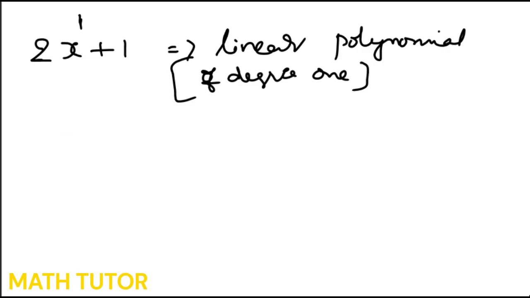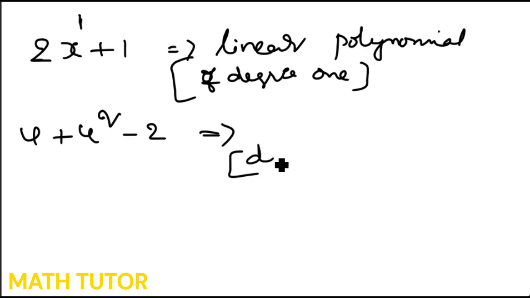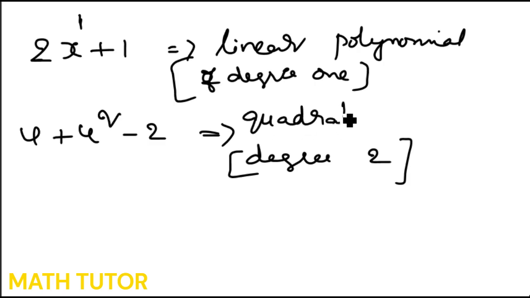Now consider this expression, u plus u square minus 2. Here what is the degree of this polynomial? The degree will be 2, right? Just now we learned what the degree is. So the degree will be 2. Then a polynomial of degree 2 is called a quadratic polynomial.